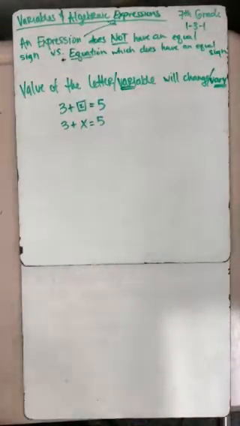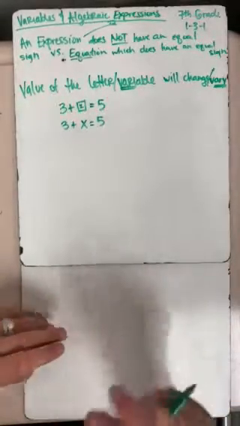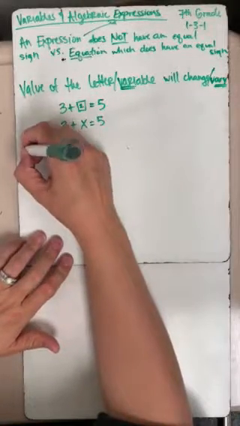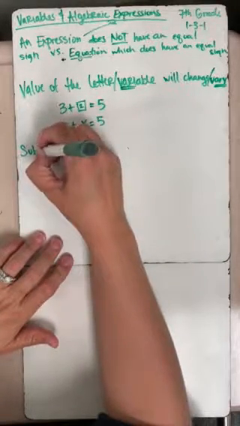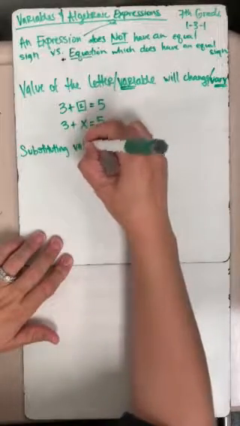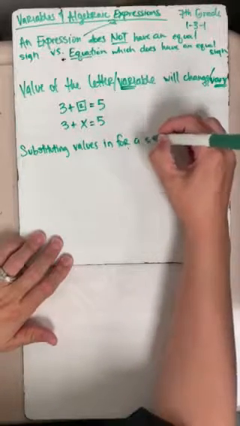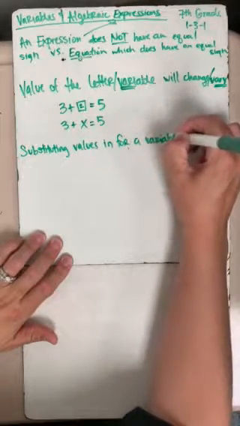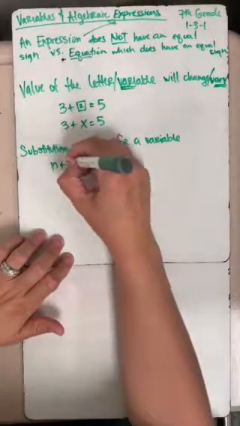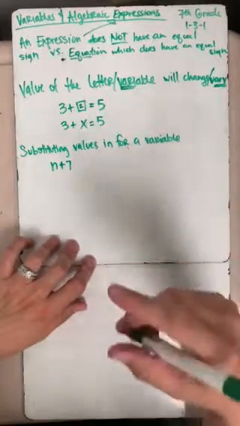All right. So we are going to start by substituting values in, whatever value they give us. So substituting values in for a variable. Okay, so if I start with something like n plus 7, and we are going to substitute a value in for that.